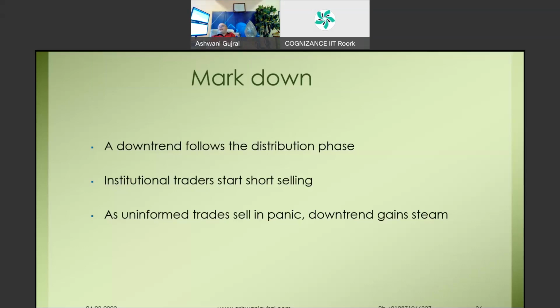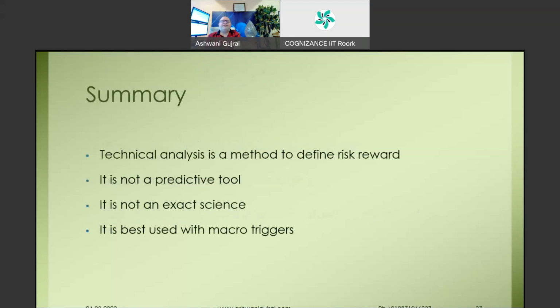And once all this selling is done, again markets go into an accumulation phase. So these are basically the four phases, and it is possible for a trader to understand which phase the market is in, and his strategy should be based on that phase.